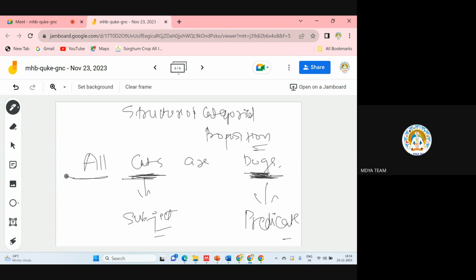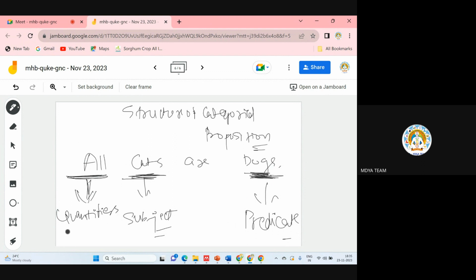This value is giving you how many cats are dogs. Either there can be all cats are dogs, or some cats are dogs, or no cats are dogs. So this value gives us the quantity of cats that are dogs. These are known as quantifiers.